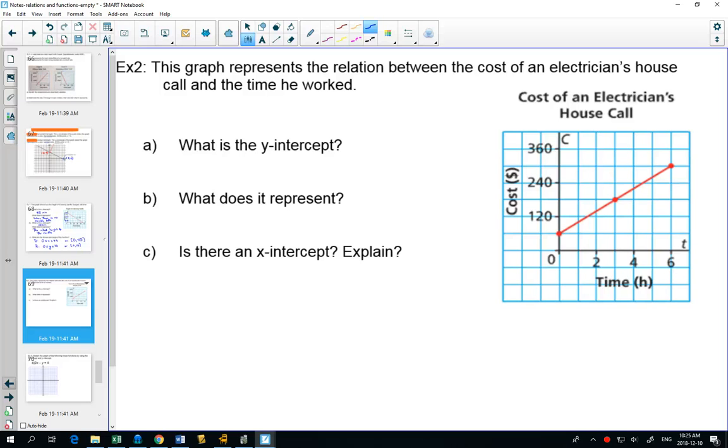This graph represents the relation between the cost of an electrician's house call and the time that he worked. So you have problems in your house. You turn the switch on, and it's still dark. So normally people would switch the bulb, but no, you phone an electrician.